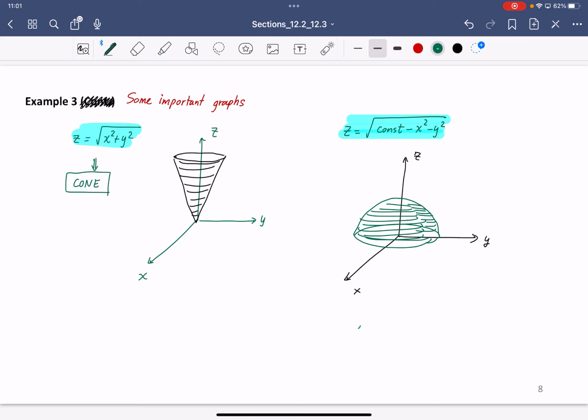Technically, if you want the full sphere, you're going to have x squared plus y squared plus c squared equal to some constant, and this is going to give you the entire ball in R3. It's going to be that equation.